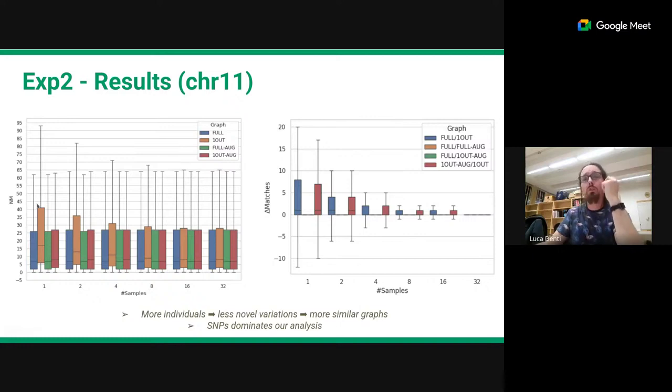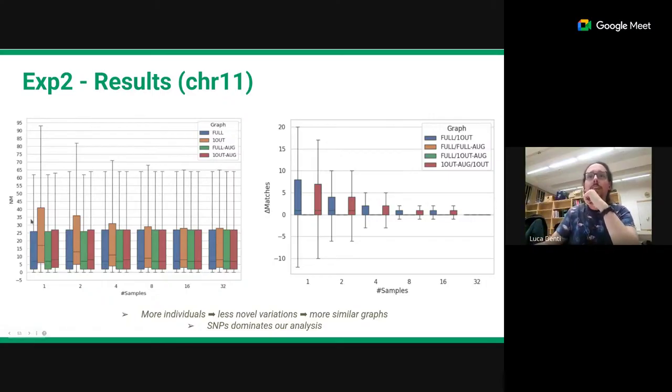What is nice to see is that if we increase the number of samples in the graph, the alignment to the one-out graph, that is, I align a new individual to a graph without that individual, improves because the edit distance becomes lower. But this is expected, because the more individuals I have in the pangenome, the fewer differences I should expect with a new individual from the population.